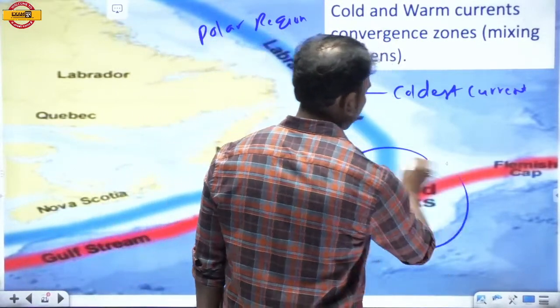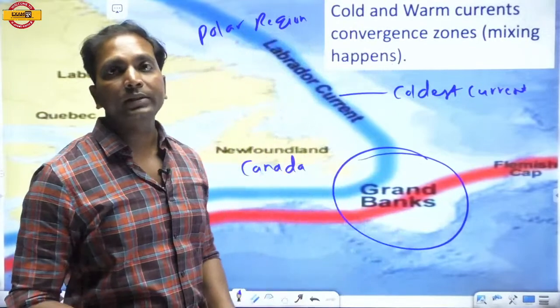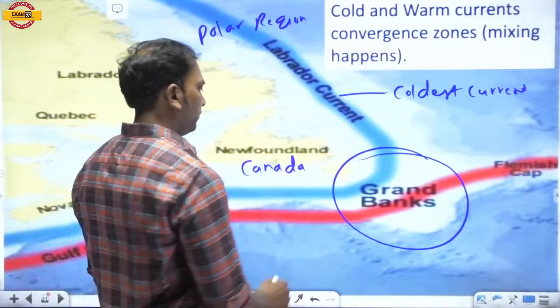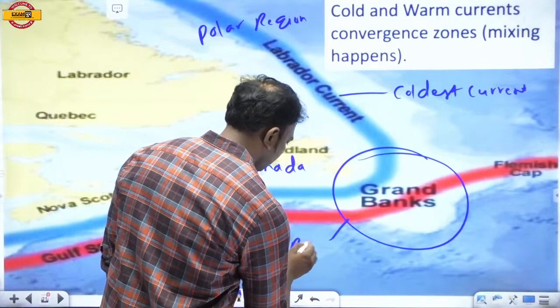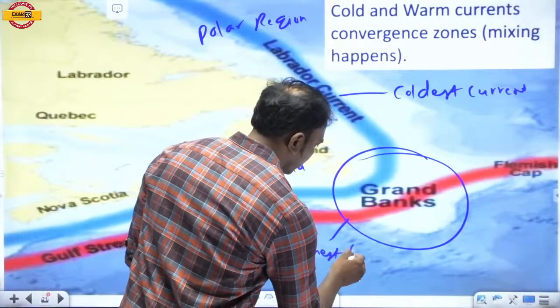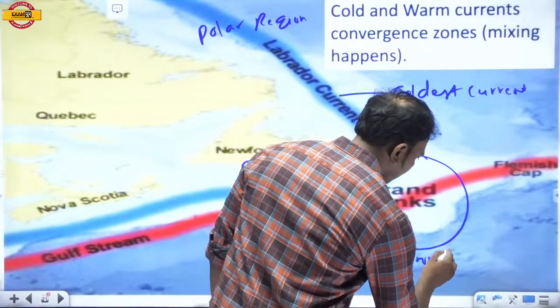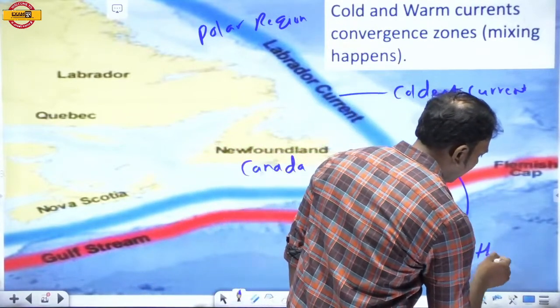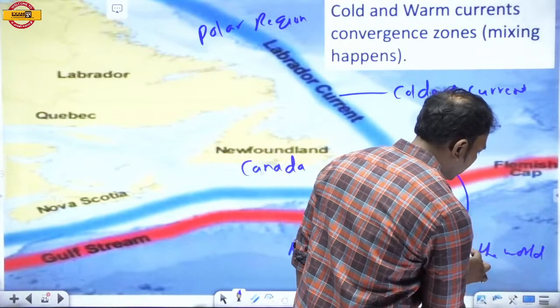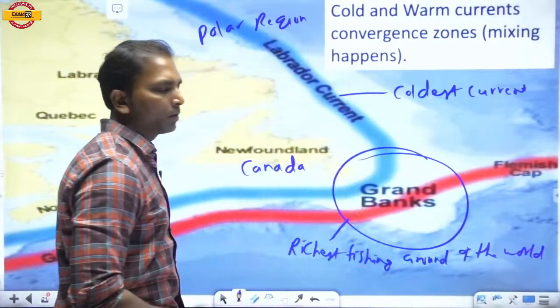This is the region of the Grand Banks, the richest fishing ground of the world. How does it happen? Let's see.